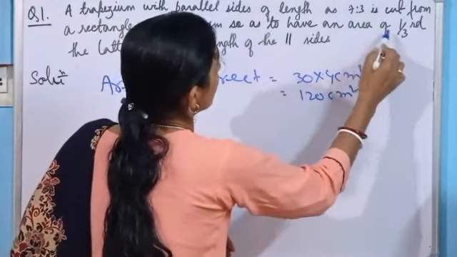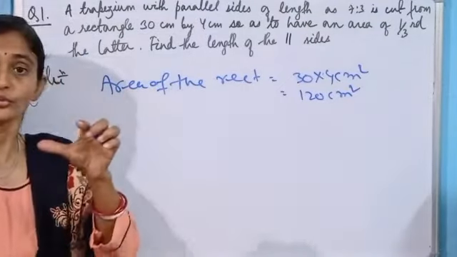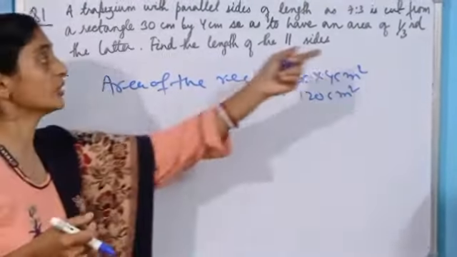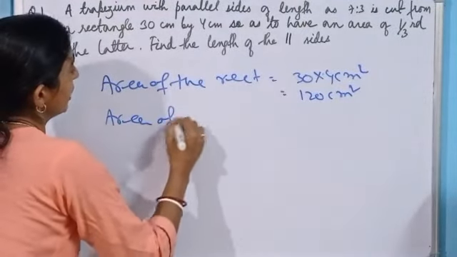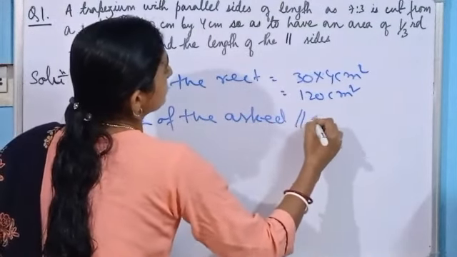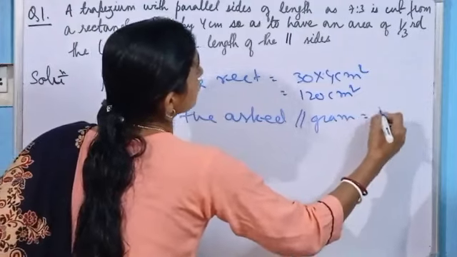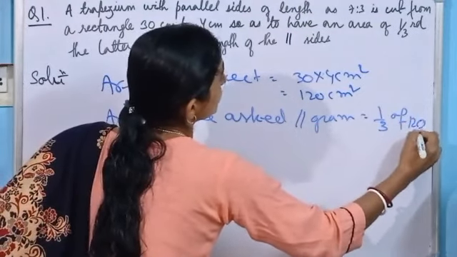To have an area of 1/3 of the latter. That means the shape you are taking out, its area will be 1/3 of this one. So what will it be? So area of the cut-out shape will be 1/3 of 120 centimeter square.